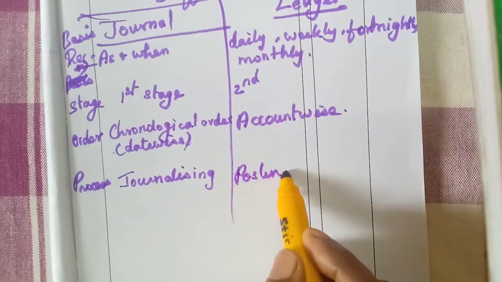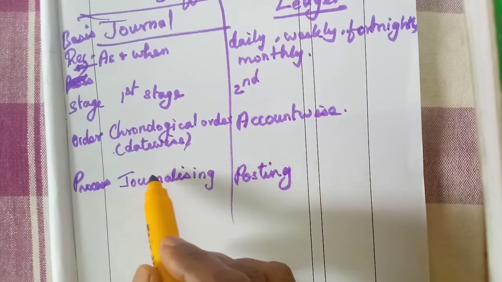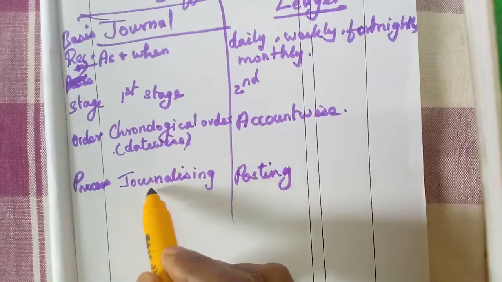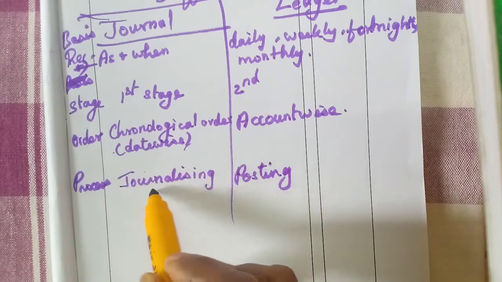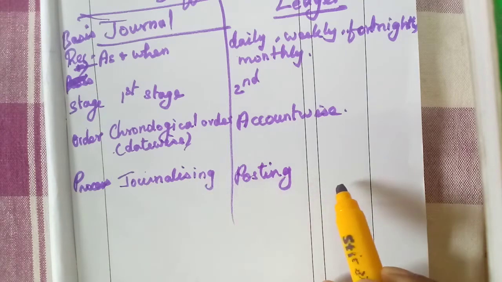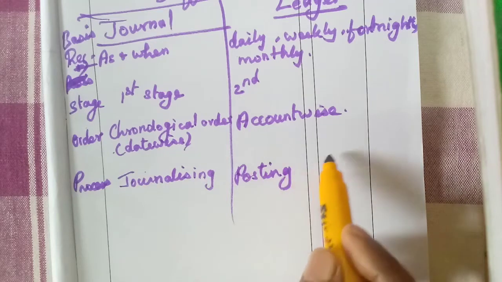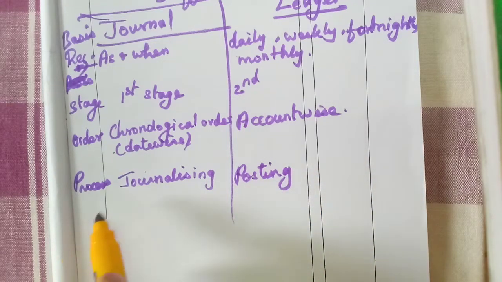Okay. Preparing the journal entry, that is the first process, and the process of recording the journal entries in the ledger is called posting. Okay.